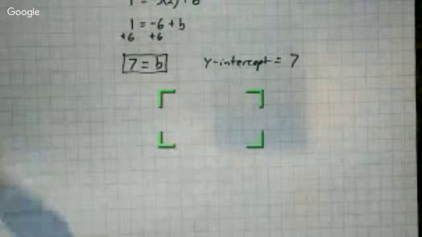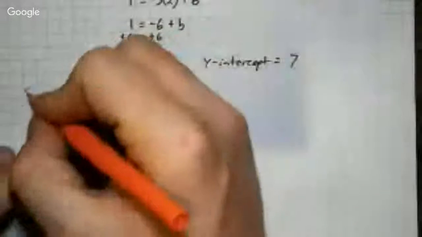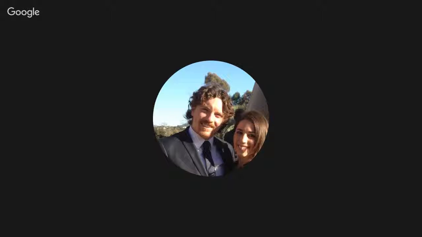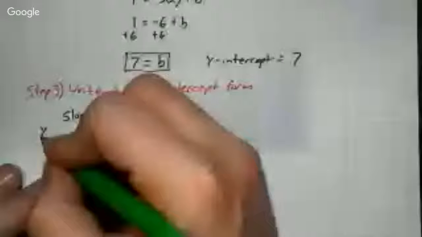All we need to do next in step 3 is write the equation in slope-intercept form. What is the slope? -3. What is the y-intercept? 7.